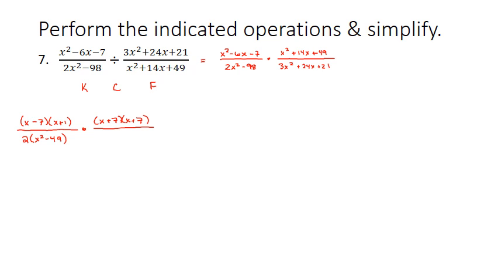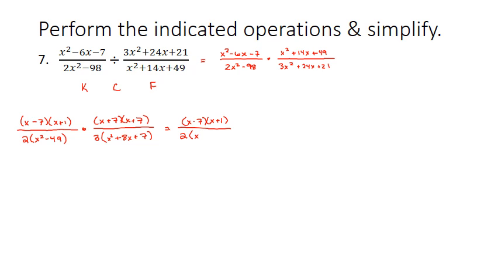The bottom right's very similar to the bottom left because the first thing I notice is that all of those terms have a 3 in common, which makes it x squared plus 8x plus 7. Now you got to keep factoring. The bottom two terms factor a little bit further, so let's do that. This will be x minus 7 times x plus 1 over 2.